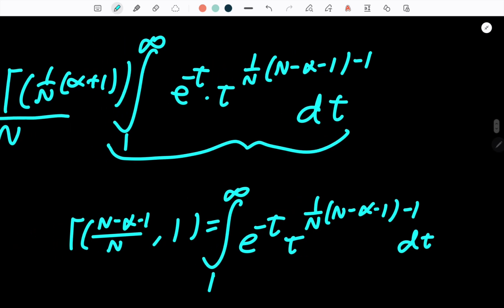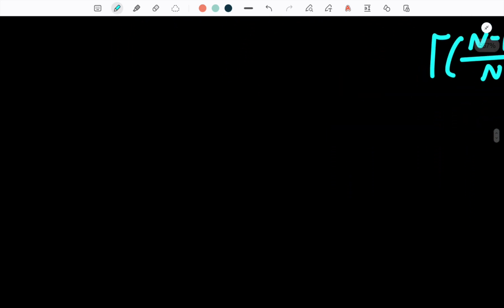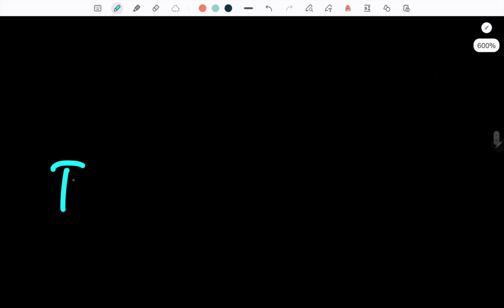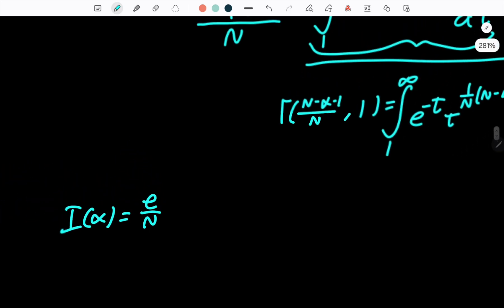So, that means this integral right here is just going to be the incomplete gamma function of n minus alpha minus 1 all over n, comma, 1. There we go. So, this means that I of alpha is going to be e over n. Now, let me see.